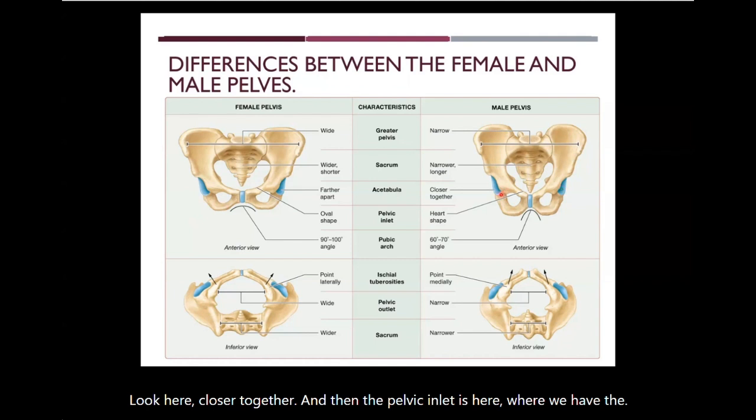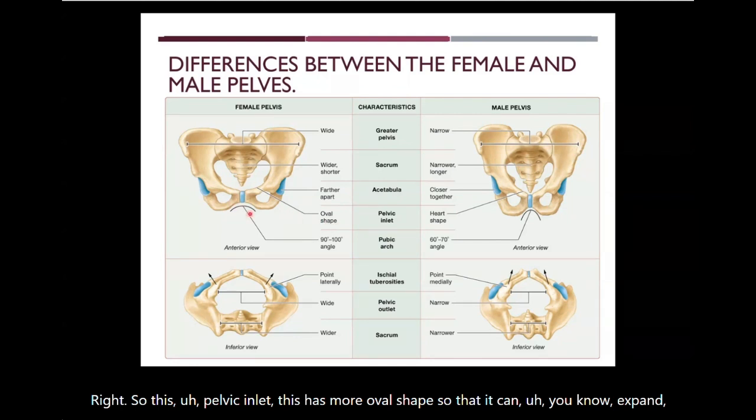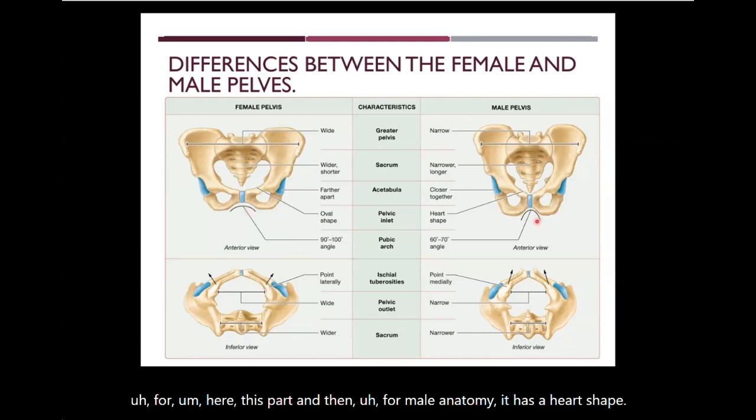Look here, closer together. And then the pelvic inlet is here where we have the, what was this joint again? Pubic symphysis, right? So this pelvic inlet has a more oval shape so that it can expand, and for male anatomy, it has a heart shape.